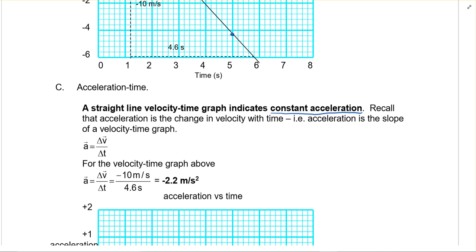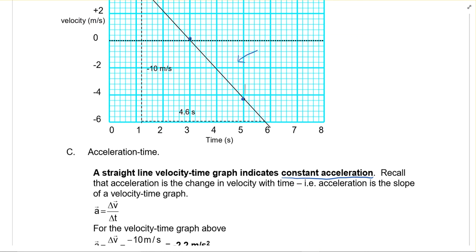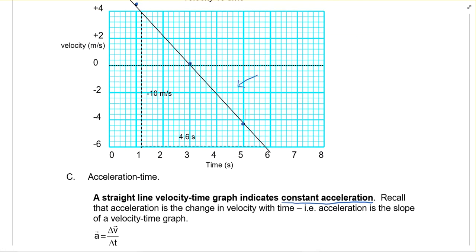And now that we have a straight line, remember earlier I was saying that we like straight lines in physics because we can figure out what the slope is. If you figure out the rise over the run for this, you end up with a change in velocity over time. That's velocity on this side, and time on this side.